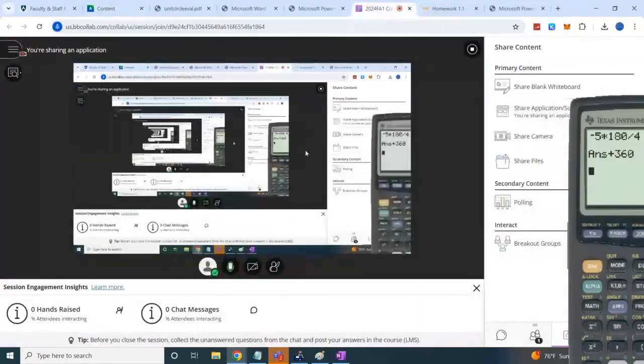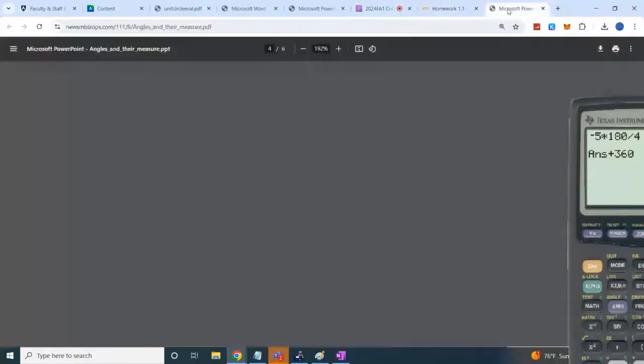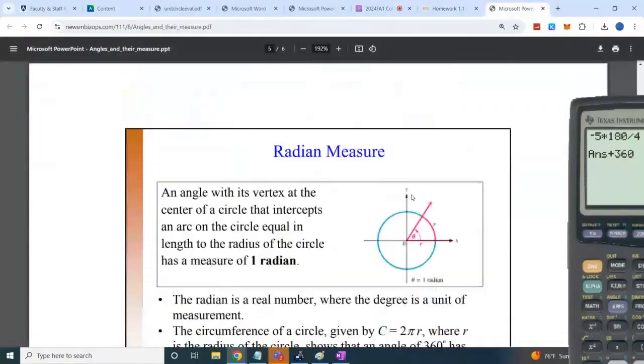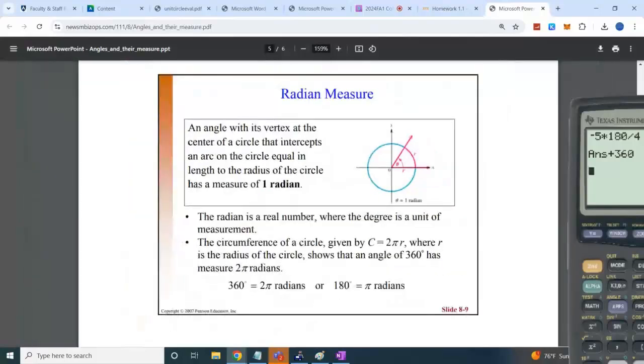All right, so next we're going to take a look at converting from radian to degree. Now this is a kind of convoluted definition for radian, okay? But I'm just going to read it as it is on the chart. It says an angle with its vertex at the center of the circle that intercepts an arc. So mainly you have this angle, right? And this angle is in red.